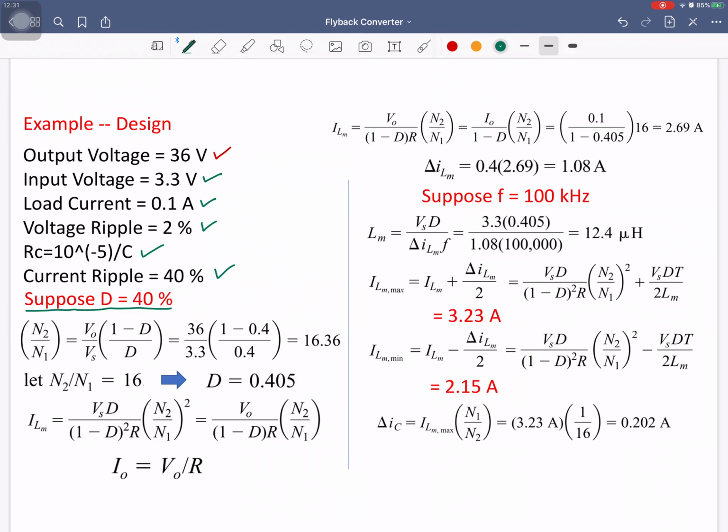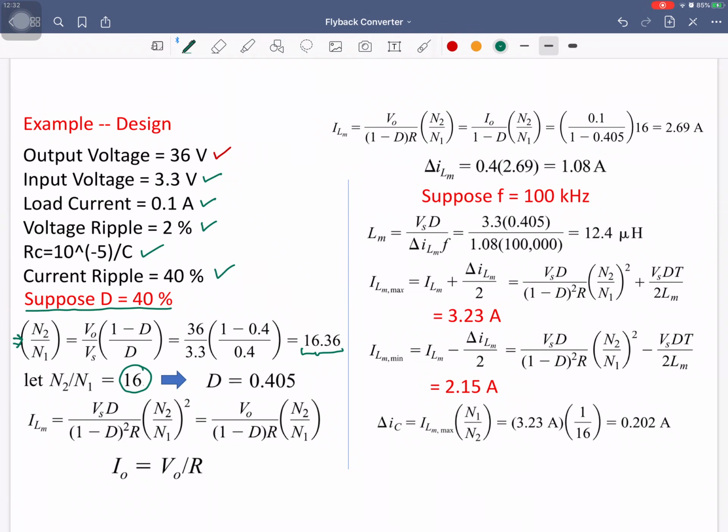So for that 40% duty ratio, using the transfer function of the flyback converter, we can find out the required turn ratio. That comes out to be 16.36. But it should be a whole number. So let's suppose that we are going to take it as 16 instead of 16.36.